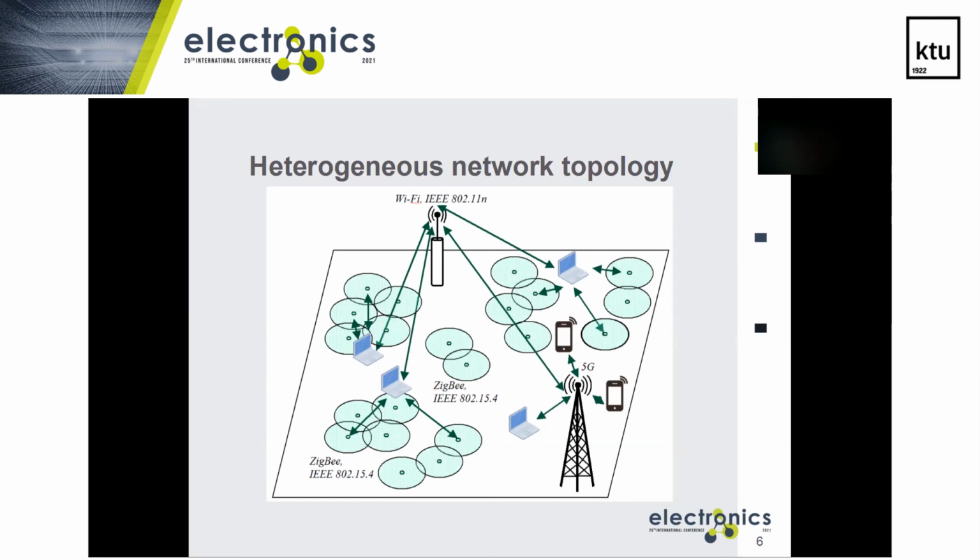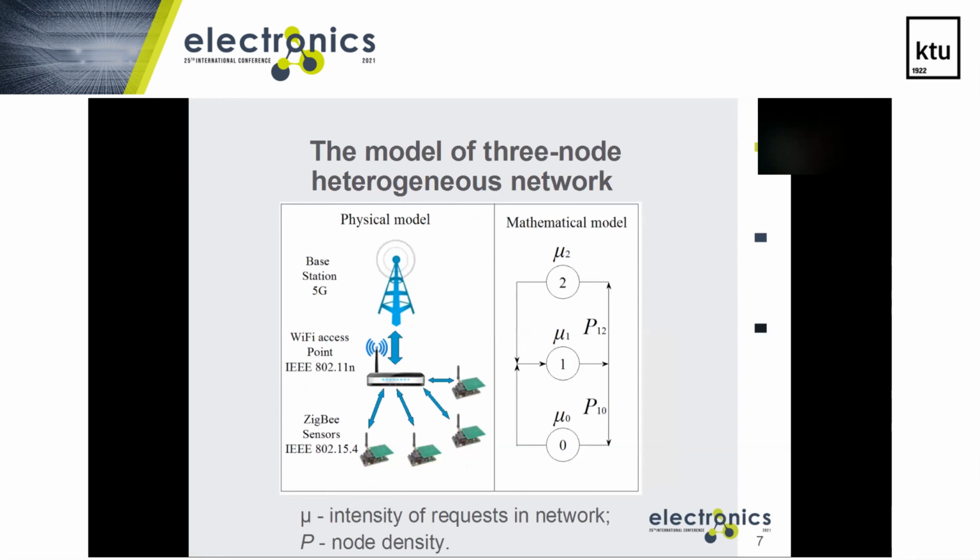To assess the quality of function of a heterogeneous network, it is proposed to use a 3-node tandem network of queueing systems. This is the 3-node tandem network. The data transmission route follows the path from node 0 to the first access point and then to the second node, and an acknowledgement is sent from the access point to forward the packets.